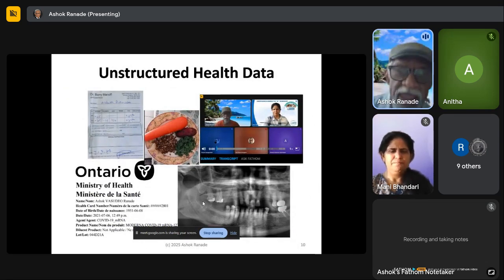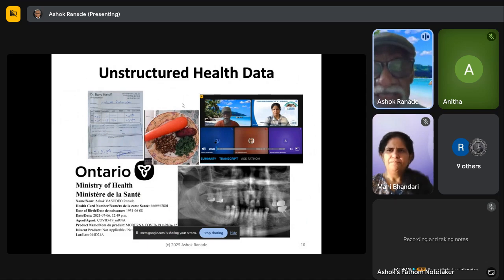In addition, you may have lots of data in different formats, which you think is very important from your health perspective. There could be some X-rays, a vaccine passport, some handwritten prescriptions. You may have video or audio recordings, your discussion with some doctor, if you have recorded it, you put it.